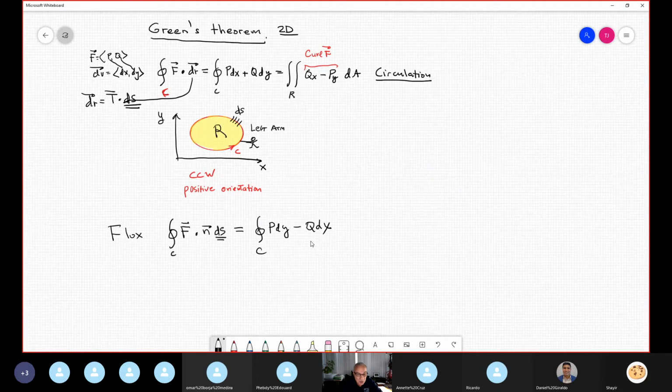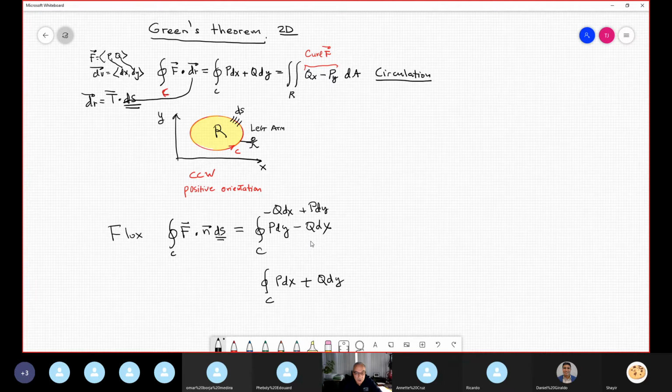I want to compare it with the circulation, because the circulation is the integral over C of p dx plus q dy. Something is different, right? Let me organize it this way. I put minus q dx and plus p dy.